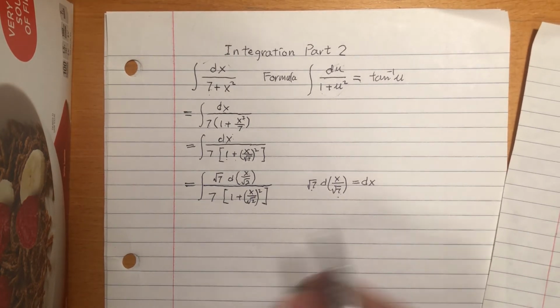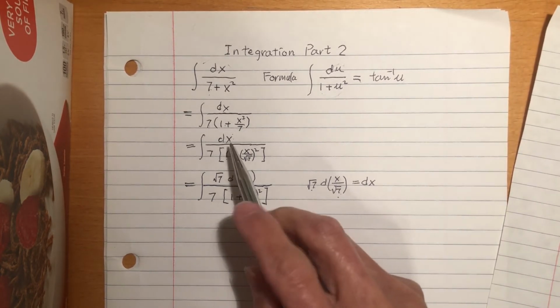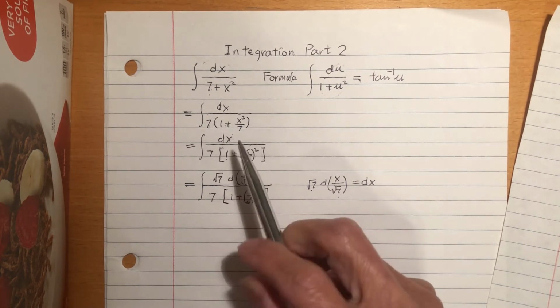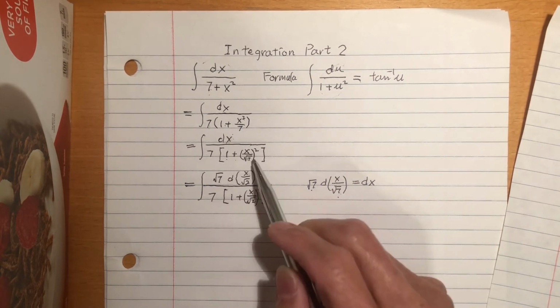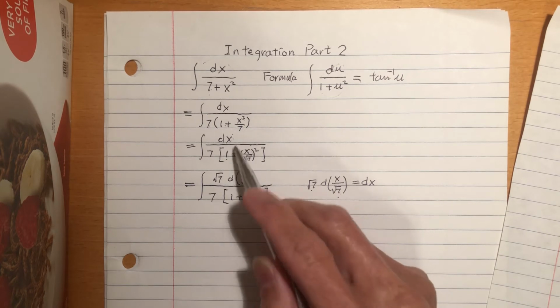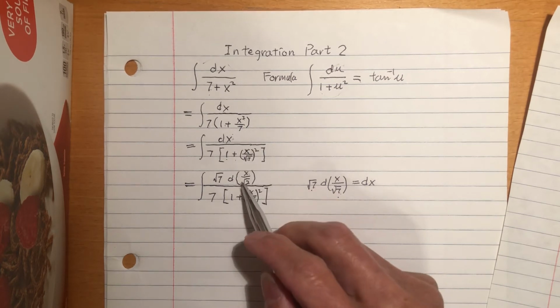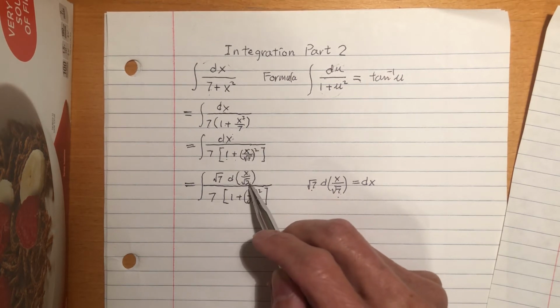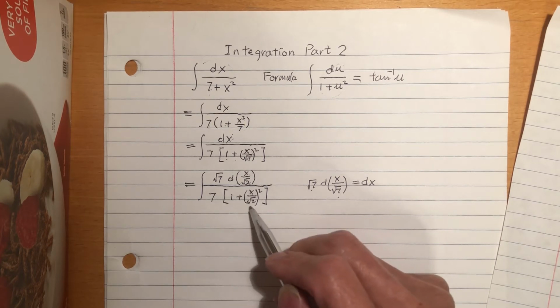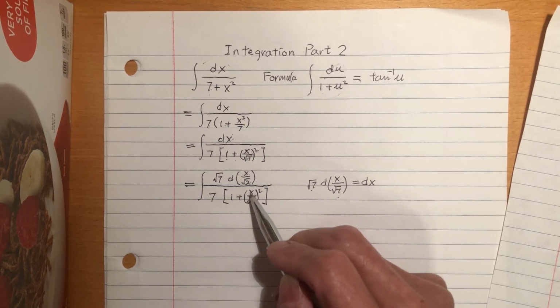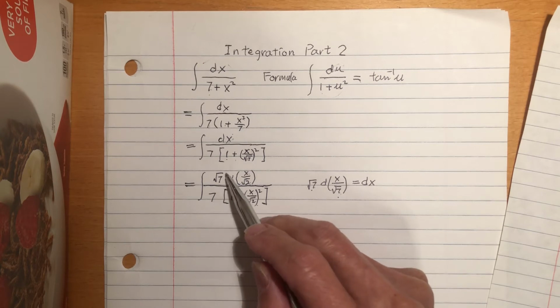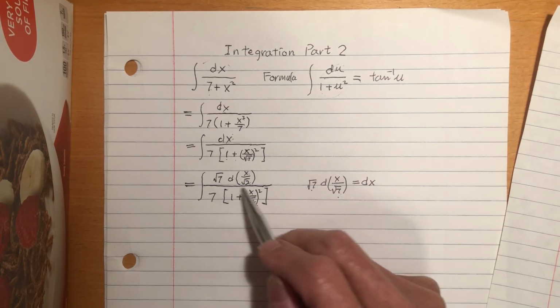So that is a trick. Let me say it again. I want this part to be the same as this. So I divide x by root 7. Therefore, this part is the same as that part. But then I need root 7 here so that I can cancel that.